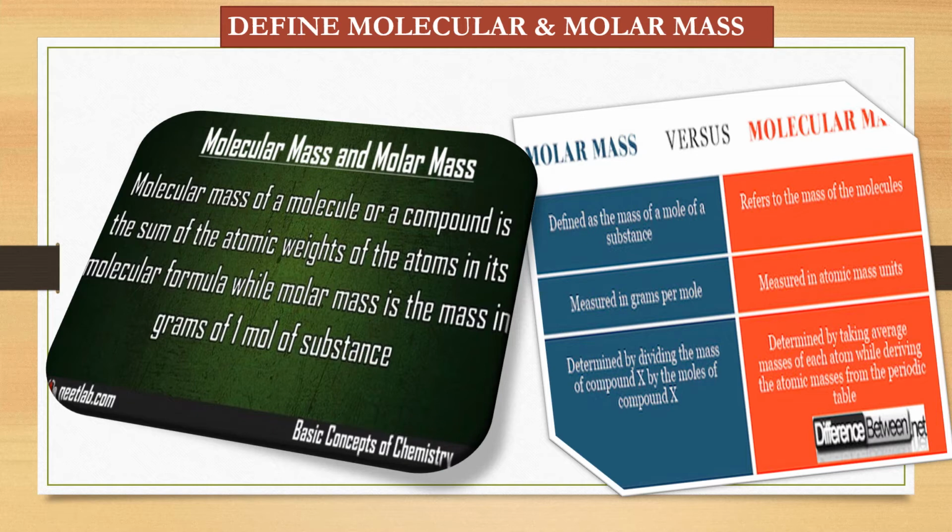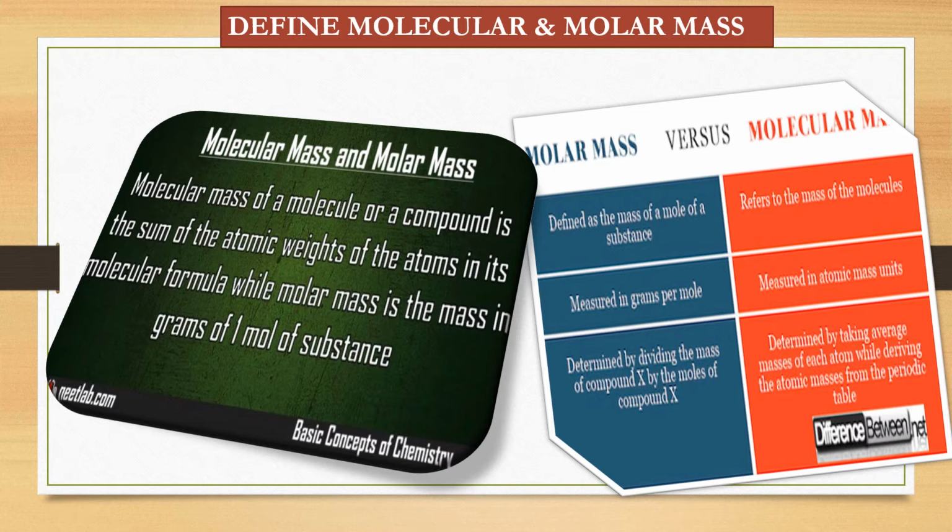Now, what are molecular mass and molar mass? Molecular mass of a molecule or a compound is the sum of the atomic weights of the atoms in its molecular formula, while molar mass is the mass in grams of 1 mole of substance. I am giving you one example. Suppose carbon dioxide is a molecule.